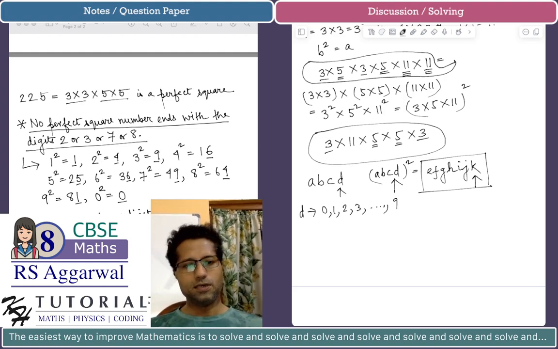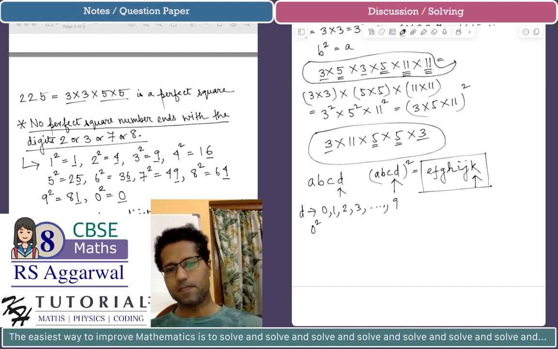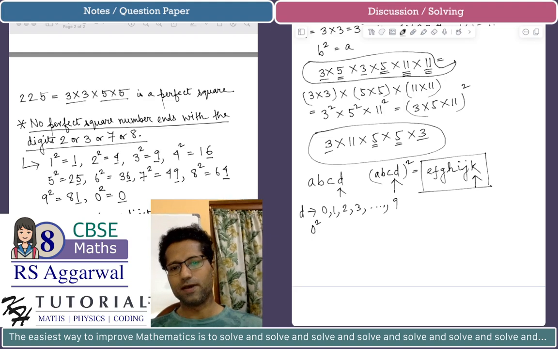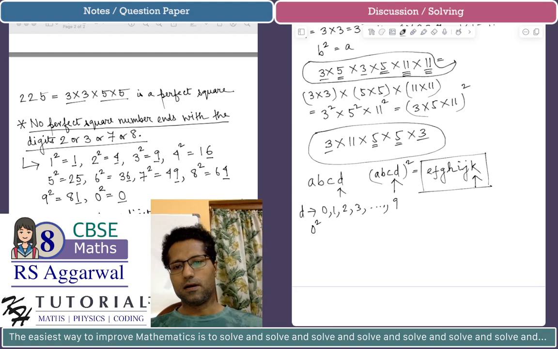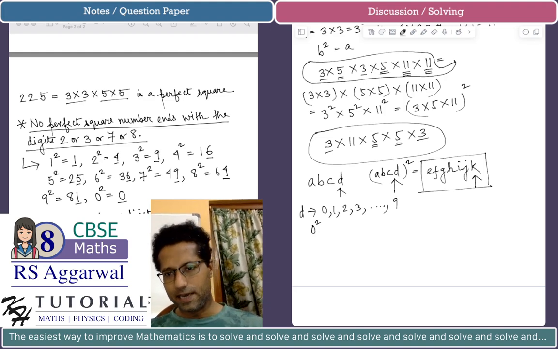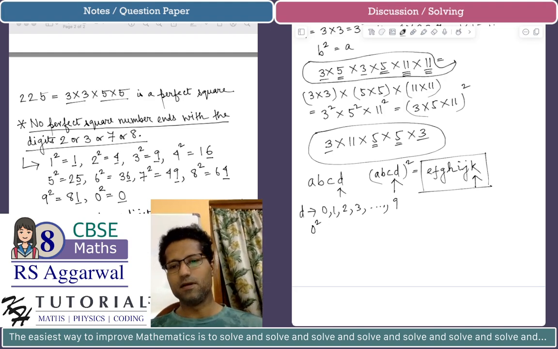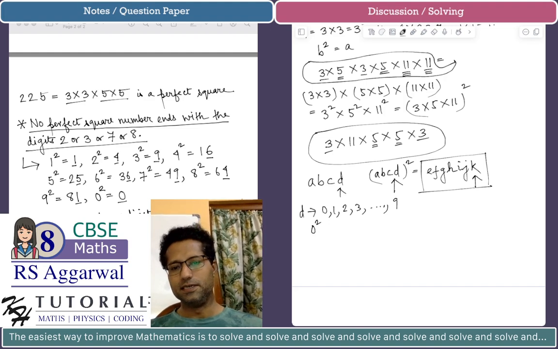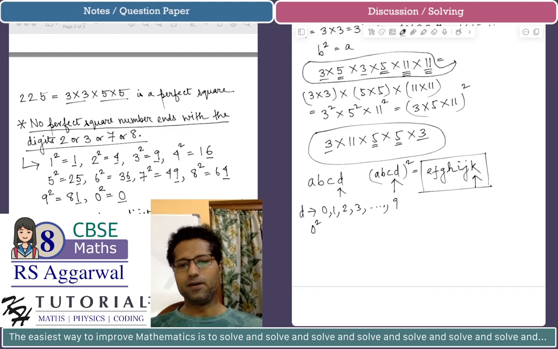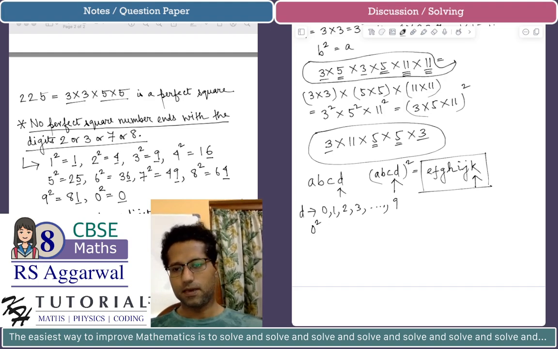Now see what is 0 square. Now if I take ABCD whole square, the digit k in the squared number will obviously depend on the digit d. This k will actually depend on d square.